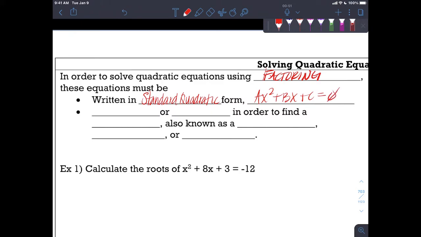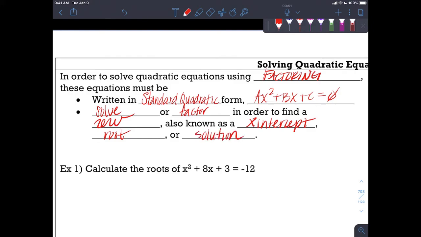It's always got to be equal to 0. And of course, then we can solve or factor in order to find my 0, which we also know as my x-intercept, my root, or a solution.